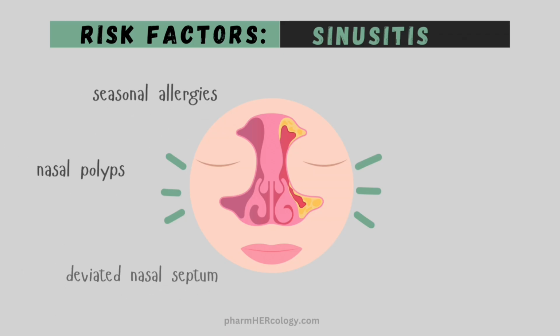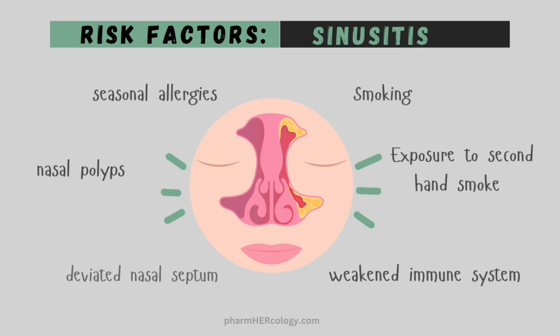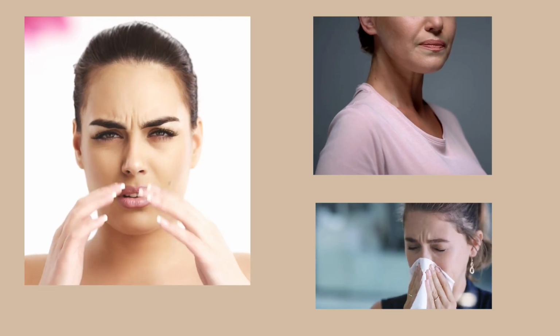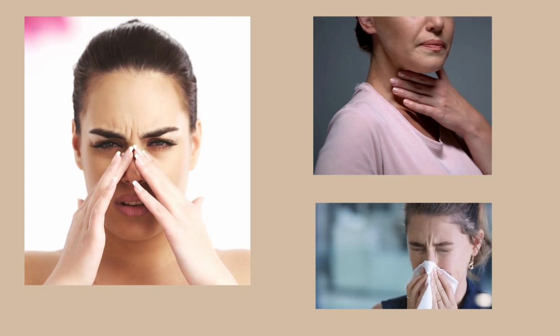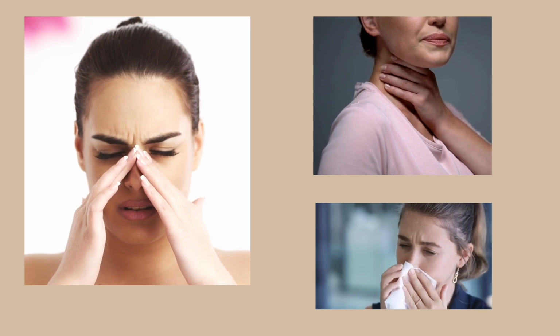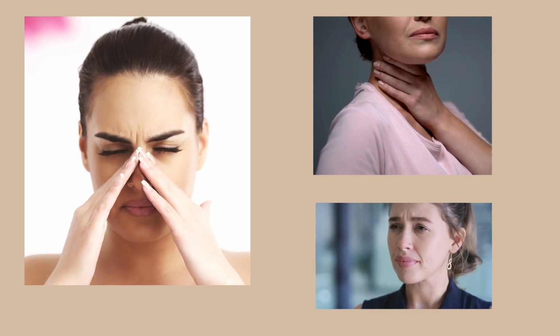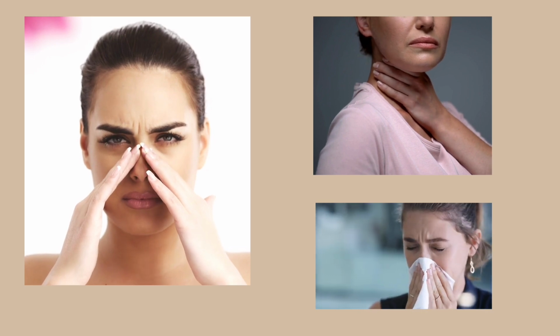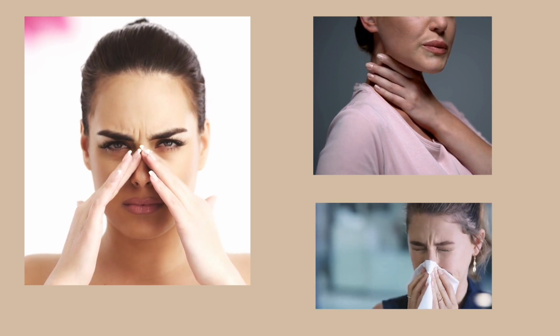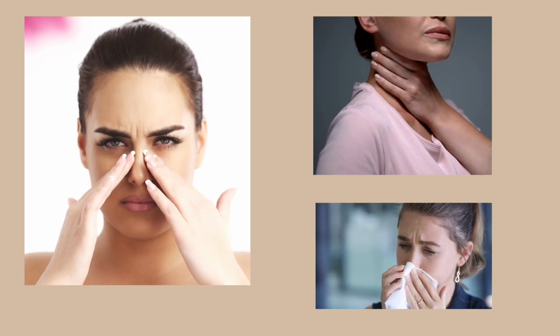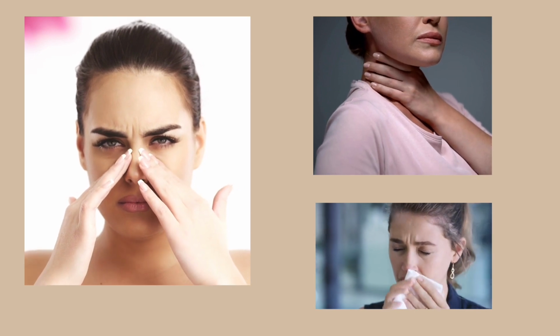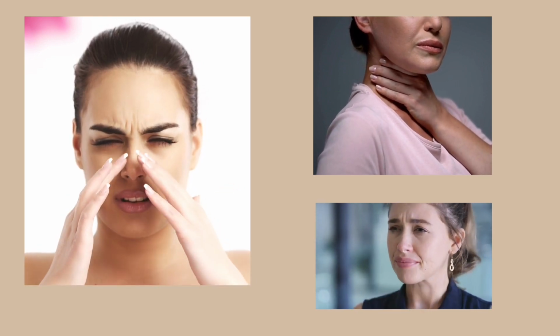Seasonal allergies, nasal polyps, a deviated septum, smoking, exposure to secondhand smoke, and a weakened immune system are some conditions that can increase your risk for developing sinusitis. Signs and symptoms can include a runny nose from excessive mucus, a stuffy nose from the accumulation of mucus, facial pain or pressure, postnasal drip, which is where mucus drips down the back of the throat, and a sore throat, which occurs from irritation from the postnasal drip.